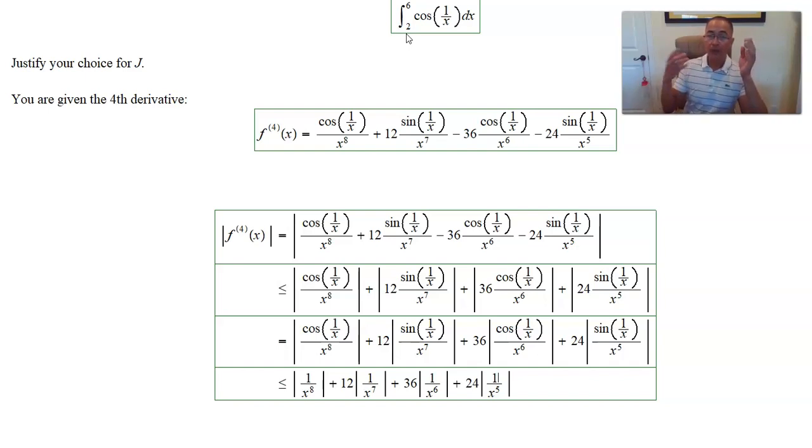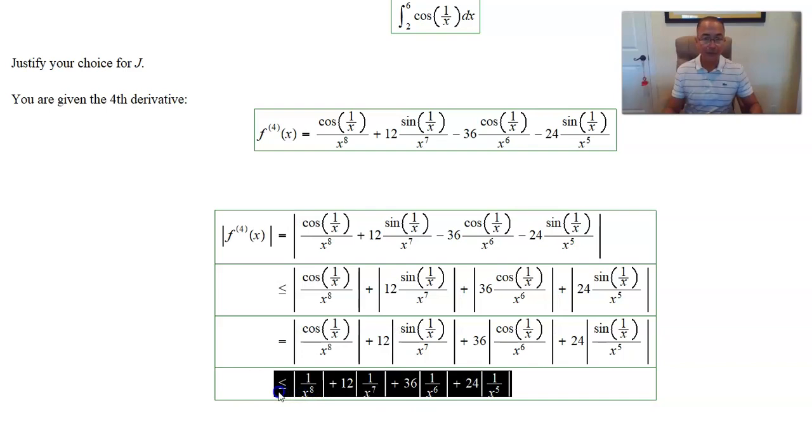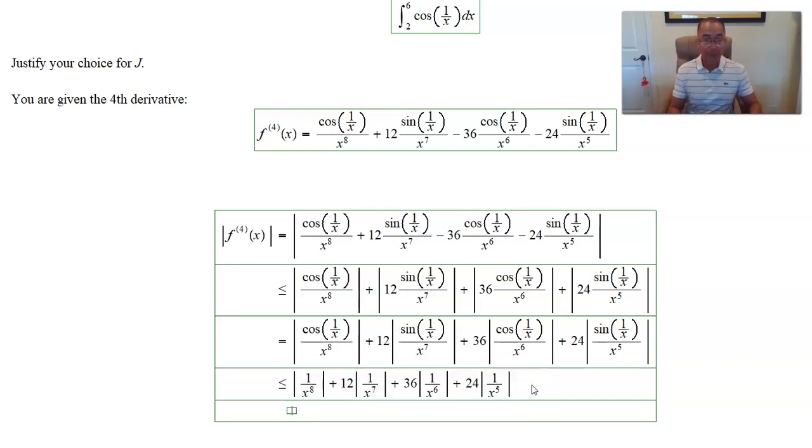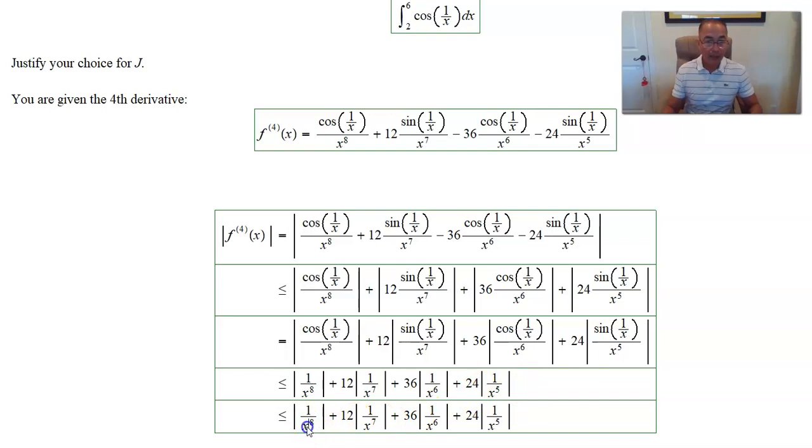So we can replace x here with just 2, because 1/2 is the biggest value of 1 over x in this interval. So I can replace our x with just 2, and 2 here, and 2 here, and 2 here. There you go. All the x's are gone, and we simply have numbers.